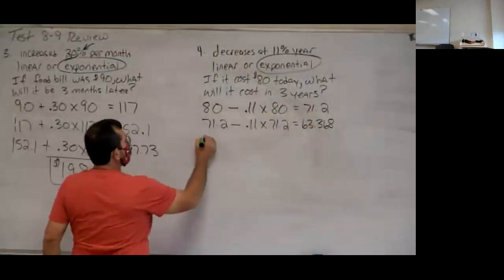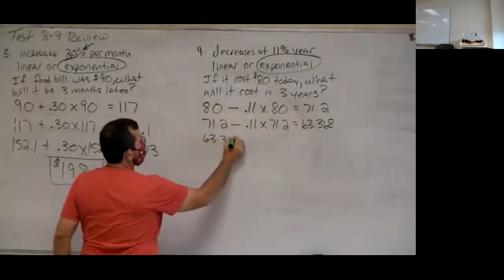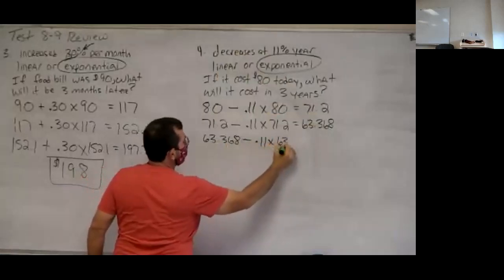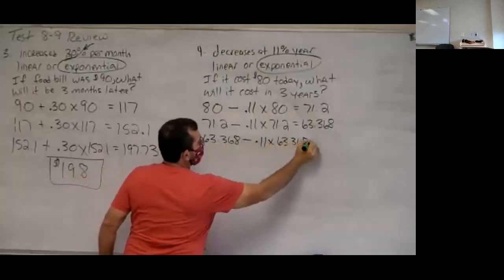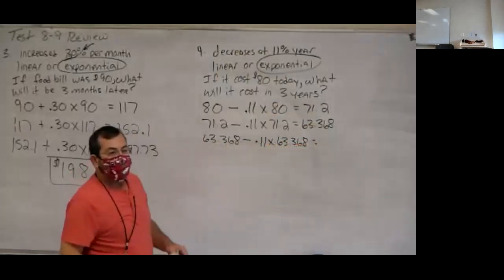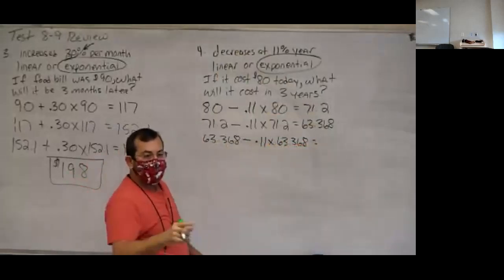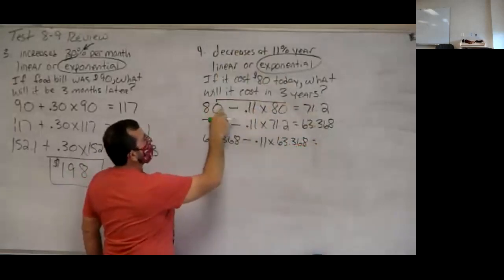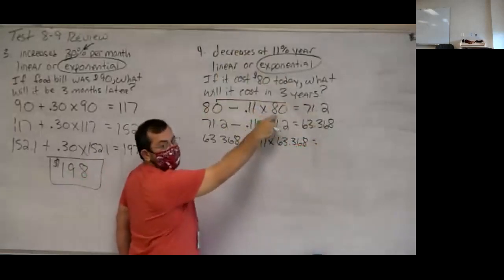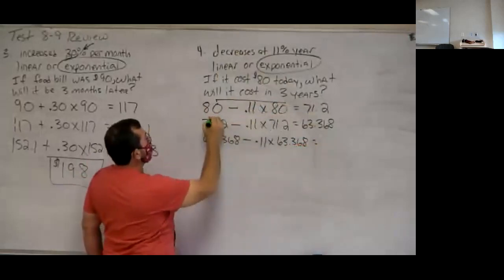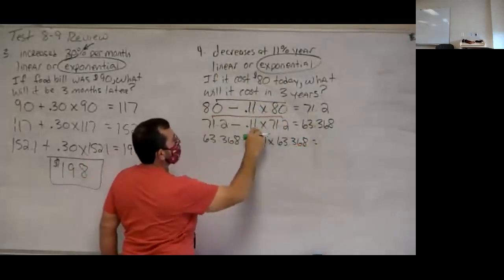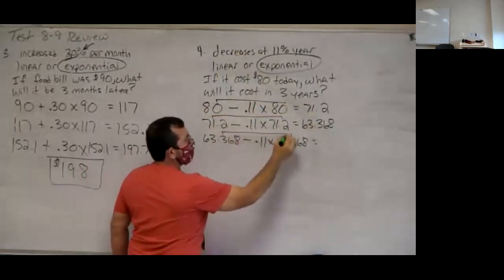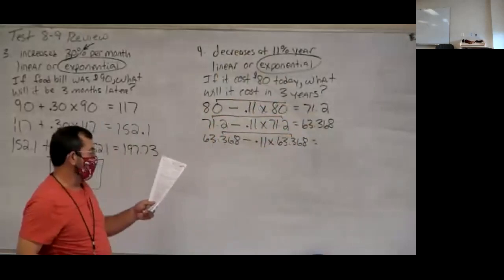So then I start with the 63.368, and I'm going to figure out 11% of that. I want y'all to notice this. Each row, what you start with is the same amount you're taking that 11% off of. Here you started with 71, you're taking 11% of it off. Here you started with 63, you're taking off 11% of that.